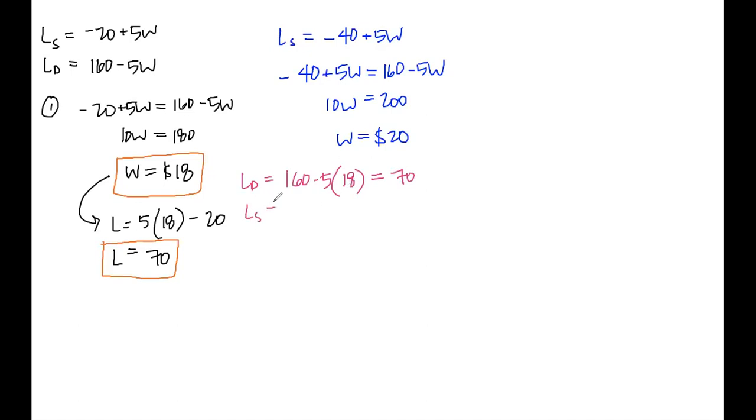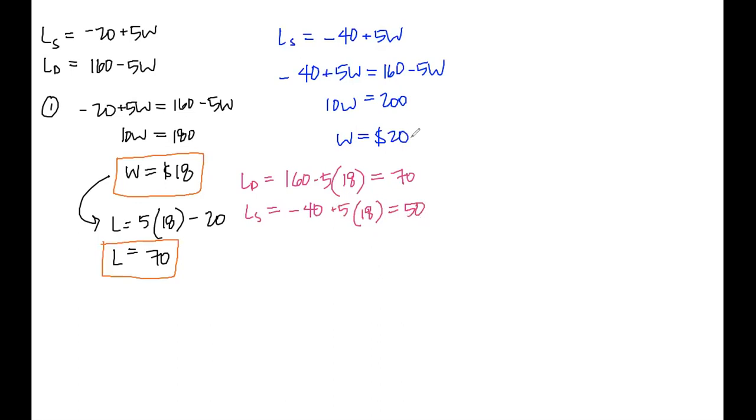And then labor supply, we're now using that original wage of $18 in the new supply equation to get the amount of workers in the labor force at a wage of $18. So negative 40 plus 5 times 18 gets us to 50.